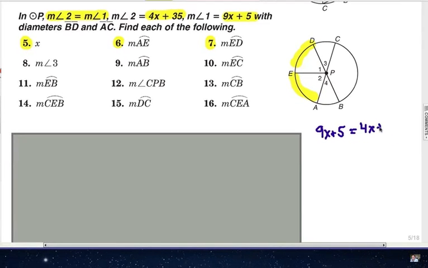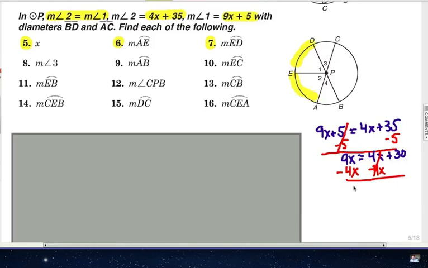So we are going to solve this equation, and that will give us x. First thing we do is subtract 5 from each side, and that will give me 9x equals 4x plus 30. Now we subtract 4x from each side, and I have 5x equals 30. Divide each side by 5, and that of course would be 6. So x equals 6, and that is going to be my first answer.